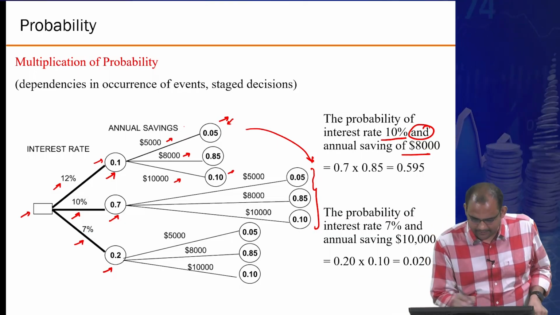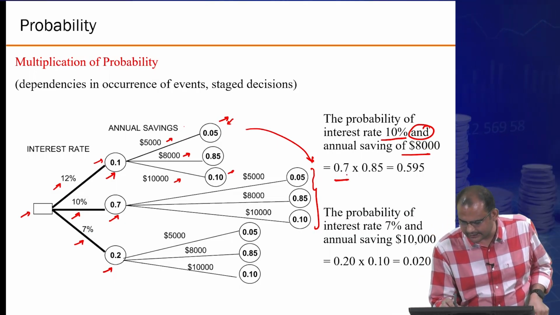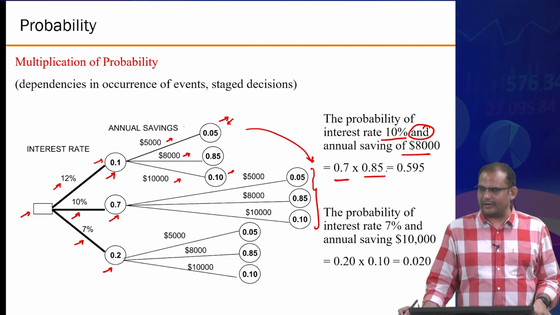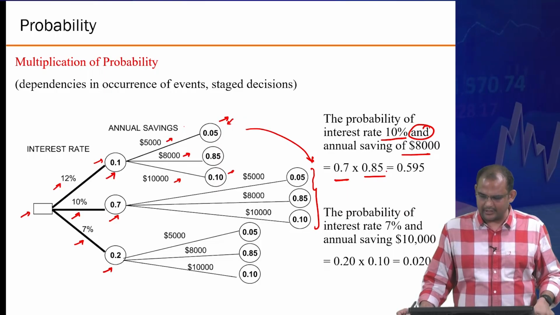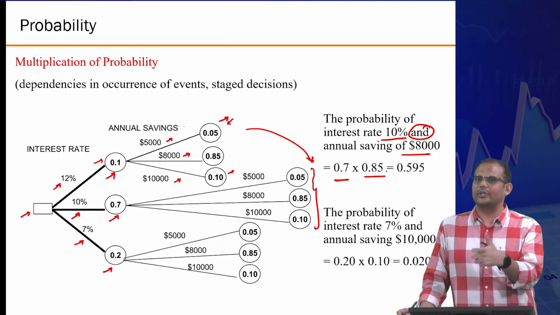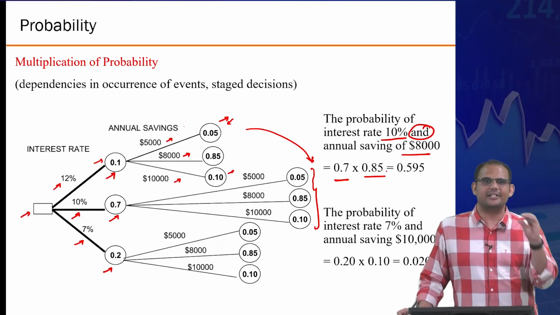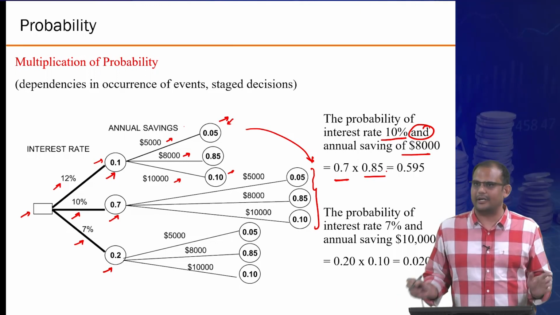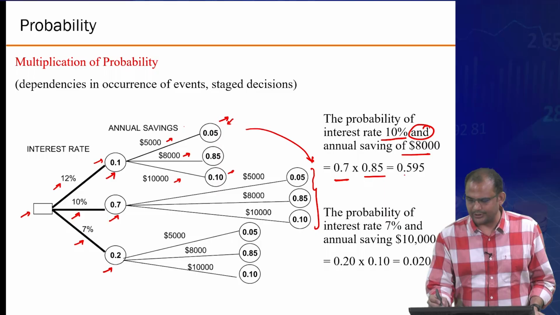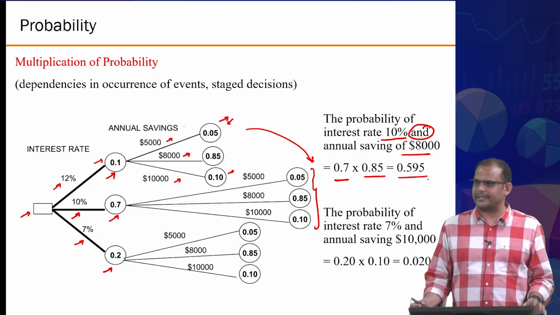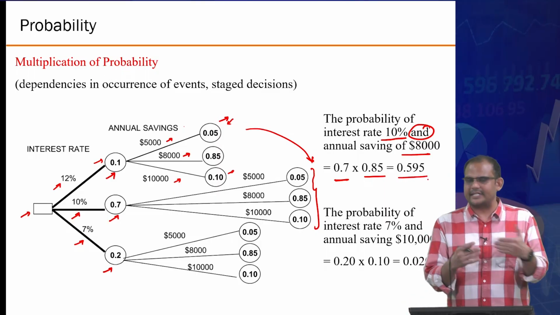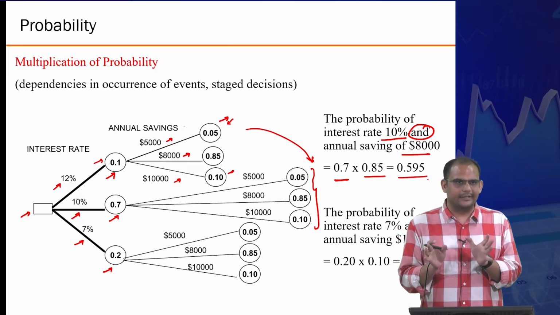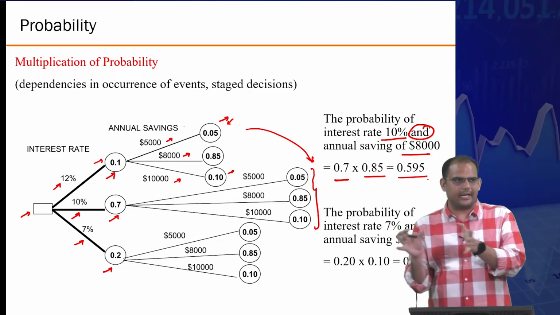So what is the probability of interest rate 10%, and what is the probability of annual saving of $8,000, which is 0.85. So both of them happening, both conditions simultaneously happening, is a multiplicative probability, right? It's not an additive probability here. So you get about a 60% chance that both these conditions will be simultaneously satisfied. Get an idea of how the additive and the multiplicative probability work?